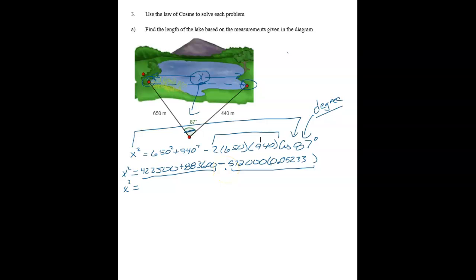So 422,500 plus 883,600, and you will get 1,306,100.